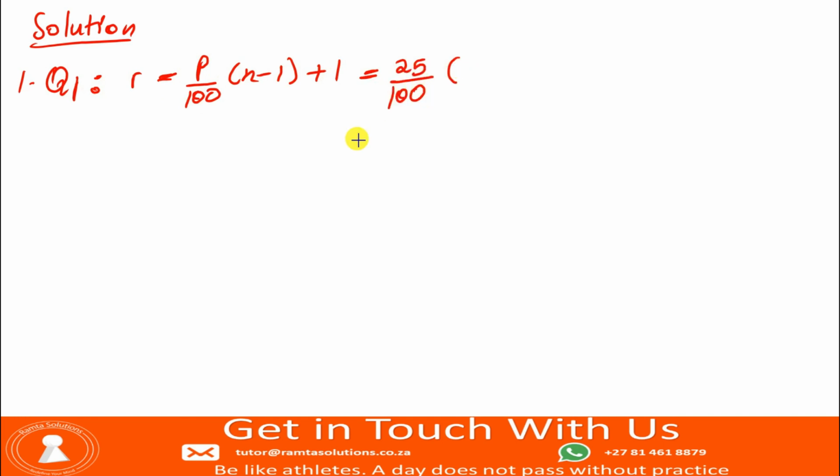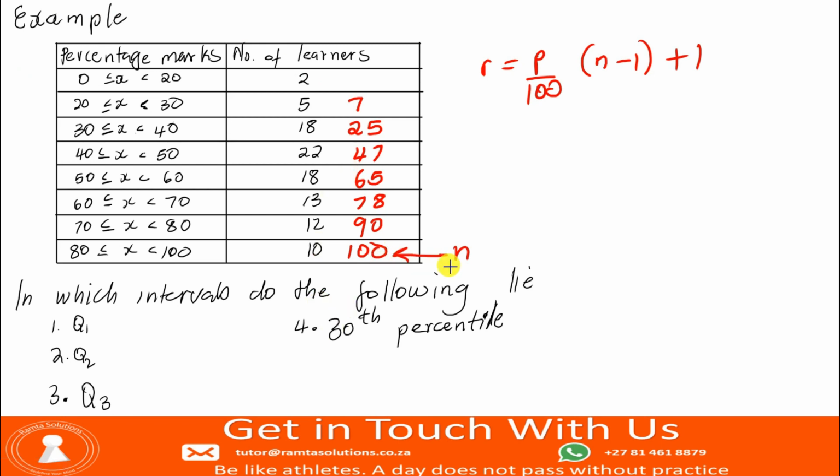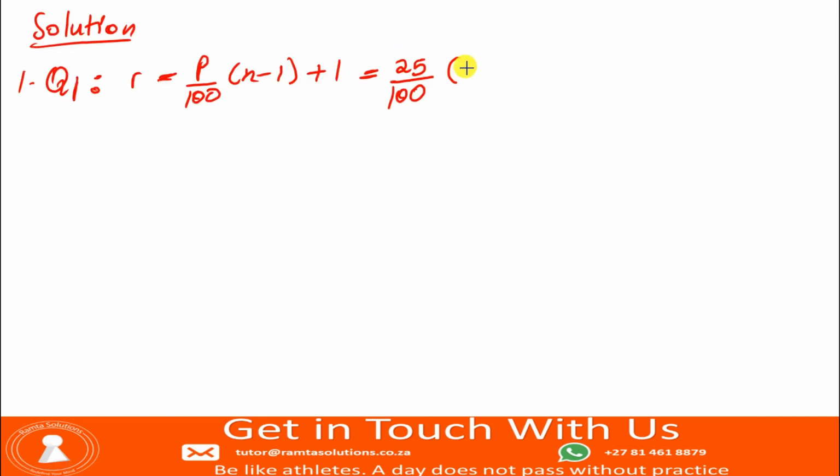And we said this data has 100 values, so it'll be 100 minus 1 plus 1. So we have 0.25 times 99 plus 1. I'm saying 99 because it's 100 minus 1. So we have 25.75.